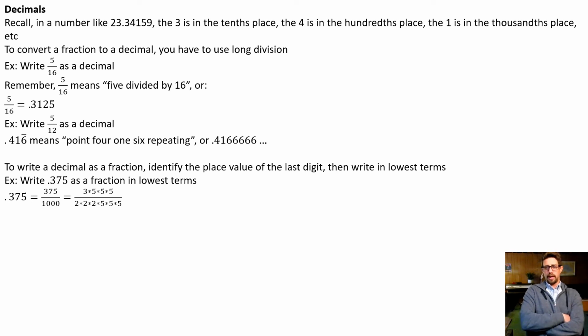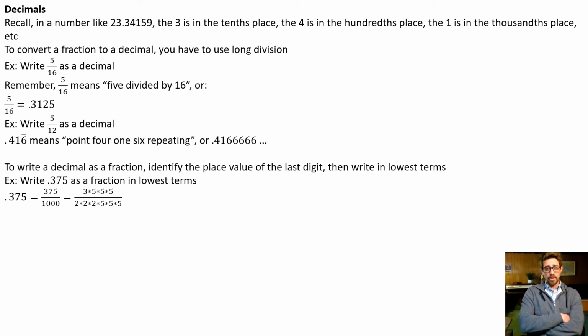All right, and you would find that 375 divided by 5 is 75, and then you'd go from there. 75 is 25 times 3, so 375 prime factorizes to 3 times 5 times 5 times 5, and then 1,000 turns out to be 2 times 2 times 2 times 5 times 5 times 5.